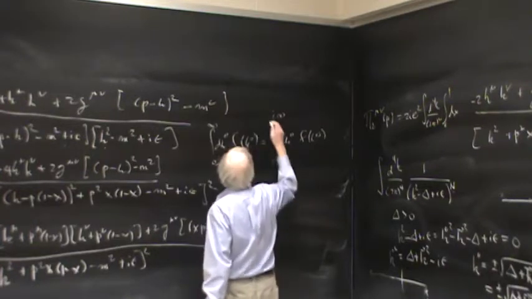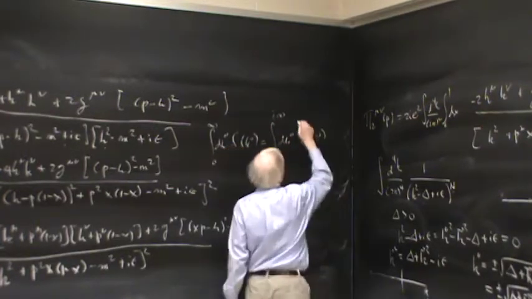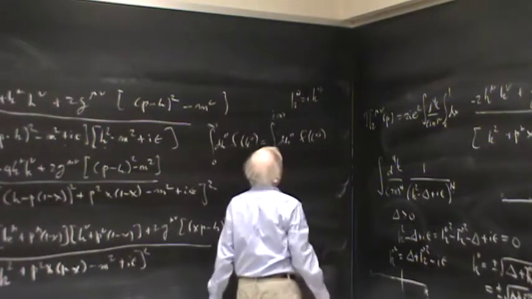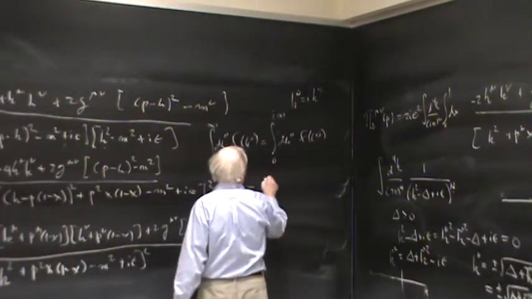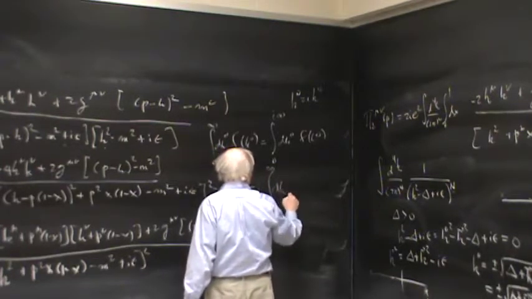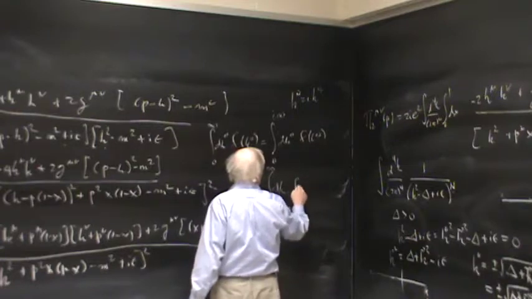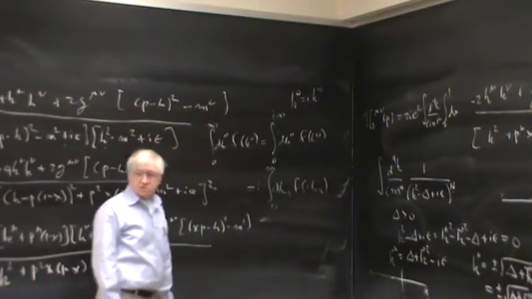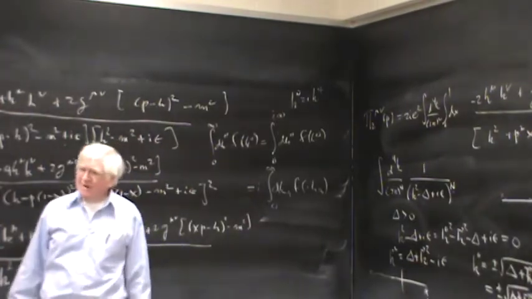And now if we say k0 on the imaginary axis is i k4, where k4 is real, this then is i times the integral 0 to infinity dk4 f of i k4. This thing is called a Wick rotation.